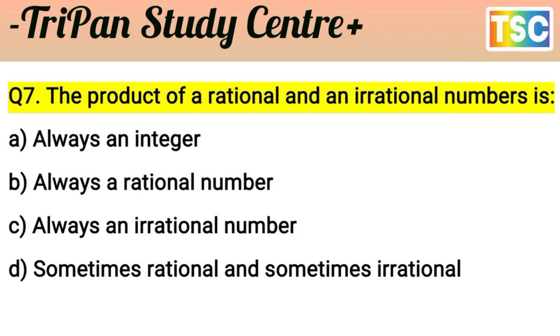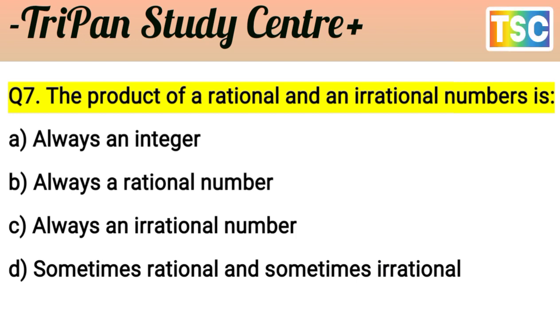The question is: the product of a rational and irrational number is always an integer, always a rational number, always an irrational number, or sometimes rational and sometimes irrational. That's important. Option A, always an integer, is wrong.